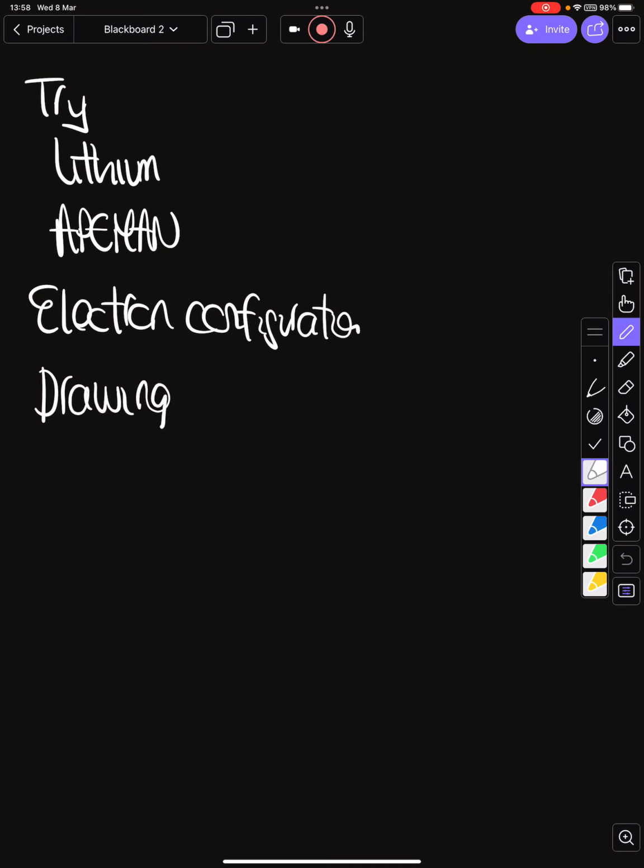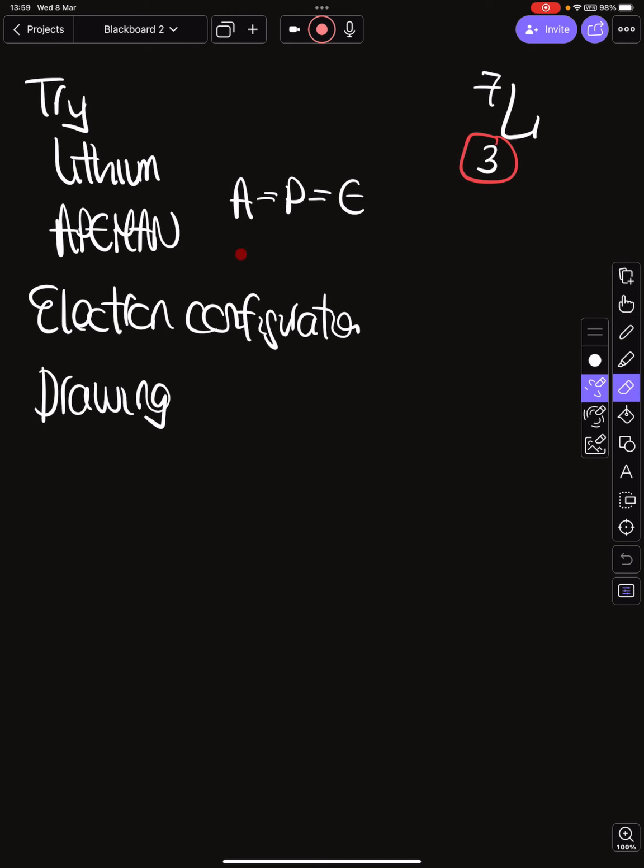So you have to find lithium on your periodic table. When you look at lithium on your periodic table, it looks like this. If I'm doing my APE MAN, A is equal to P is equal to E, I have to recognize that this is my atomic number. So 3 is equal to 3 is equal to 3.